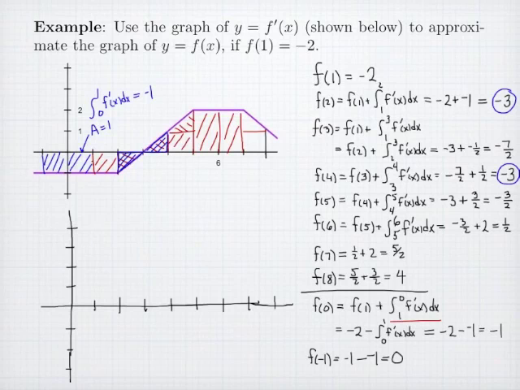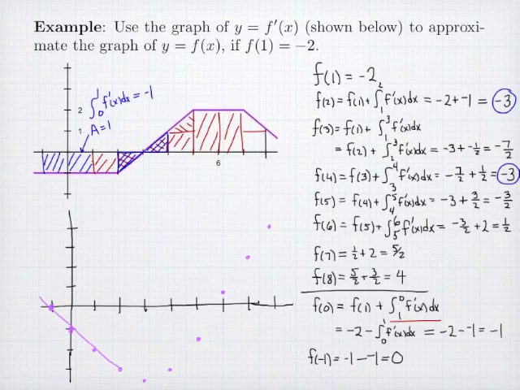So as I prepare to graph my function, I've added some axes, and I can now plot my points, and we can now sketch our graph. Notice that up until x equals 2, my graph has a constant slope.